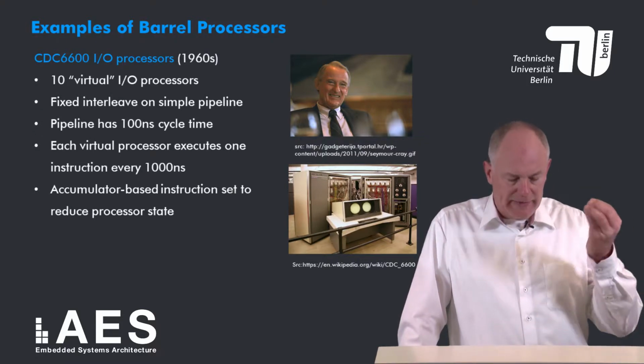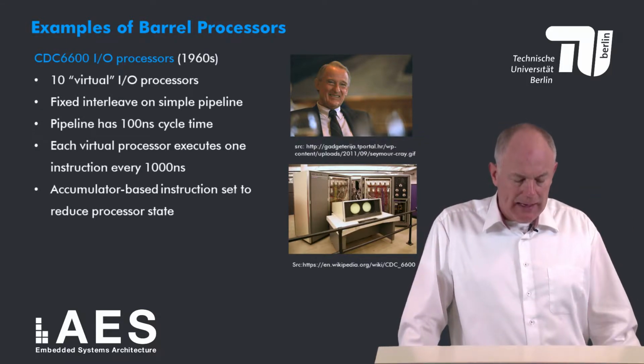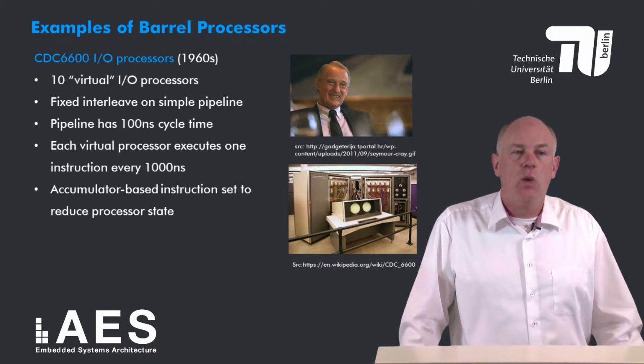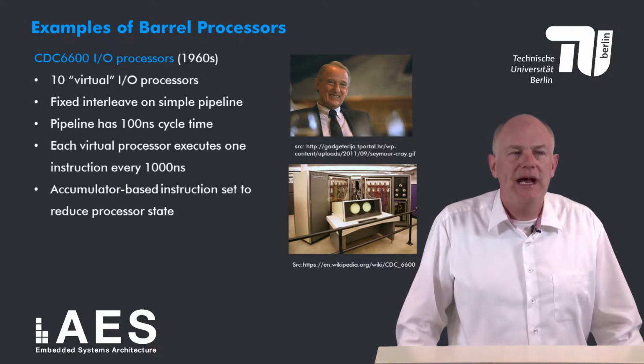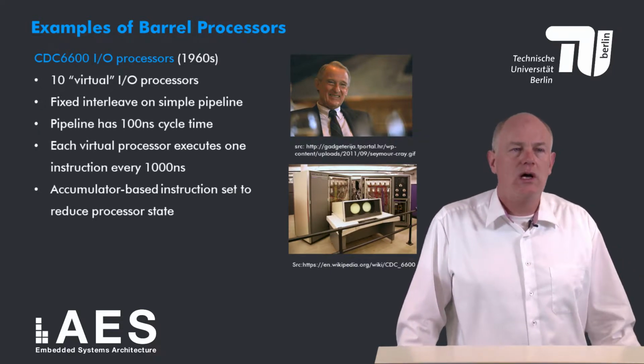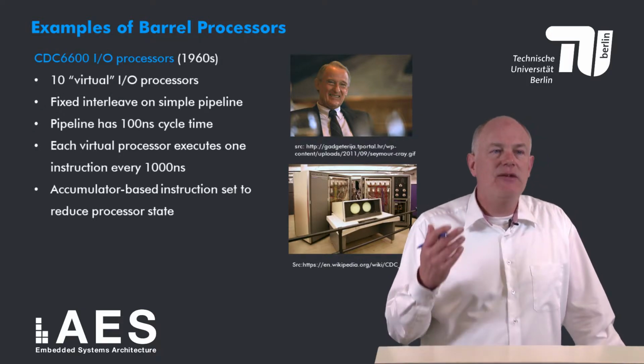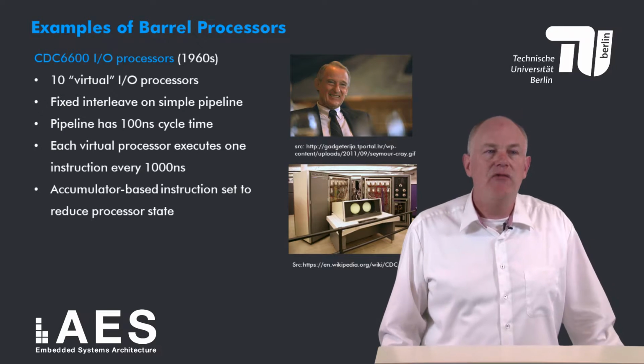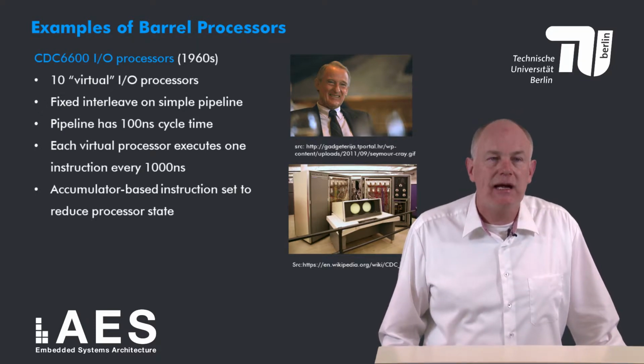It employed a fixed interleave on a simple pipeline, and the cycle time of the pipeline was 100 nanoseconds, which is extremely slow nowadays, but at that time was very fast. And each virtual processor executes one instruction every 1000 nanoseconds.